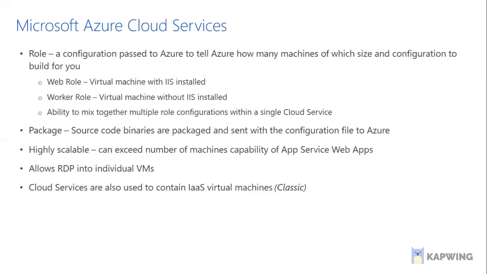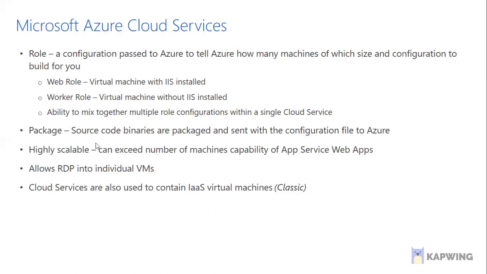Then cloud services, different types of cloud services provided by Microsoft Azure. First one is role packages, highly scalable. In a role, a configuration is passed to Azure to tell Azure how many machines of which size and configuration to build for you. The web role is a virtual machine with IIS installed, the worker role is a virtual machine without IIS installed, with the ability to mix together multiple role configurations within a single cloud service.